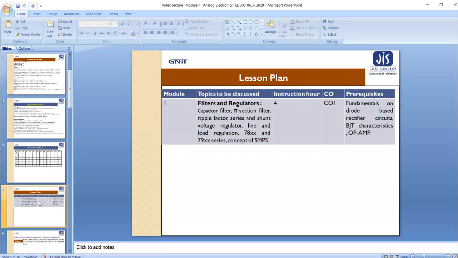The total instruction hour for this module is 4, and the CO involved is CO1. That is, after learning this module, the student will be able to design DC power supplies. For understanding this topic clearly, the prerequisites are fundamentals of diode-based rectifier circuits, BJT characteristics, and op-amp.